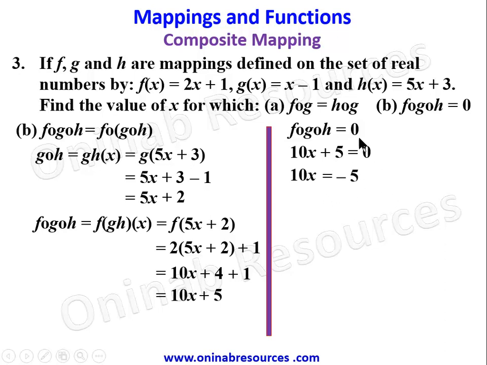I have taken the positive 5 to the right hand side, dividing both sides by 10. x is -1 over 2, because when we get to the right hand side, it becomes 5 over 10, and 5 over 10 is 1 over 2, and we attach the negative sign. So we have done justice to problem 3.